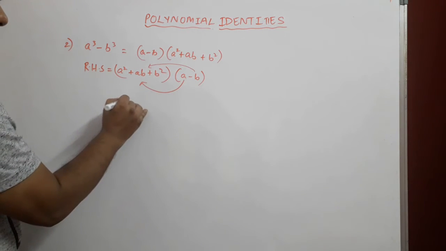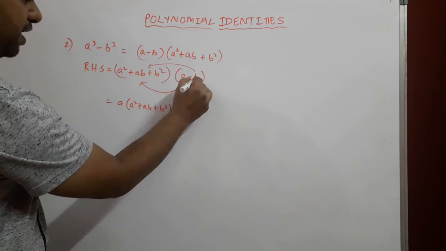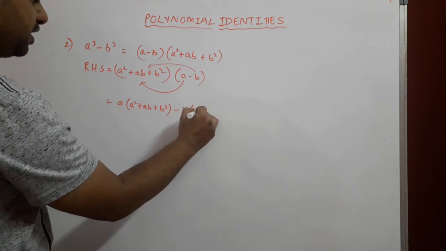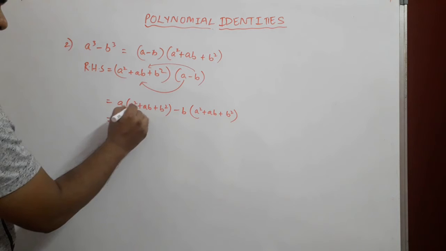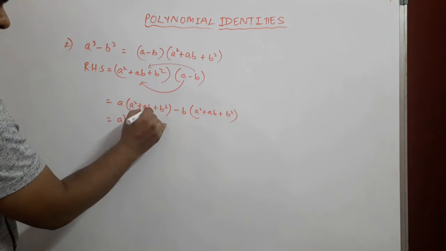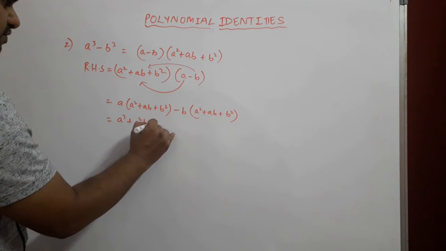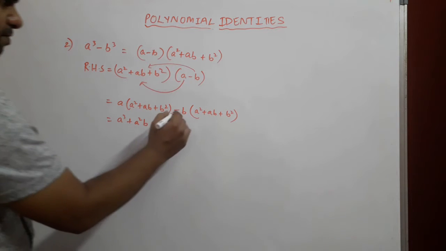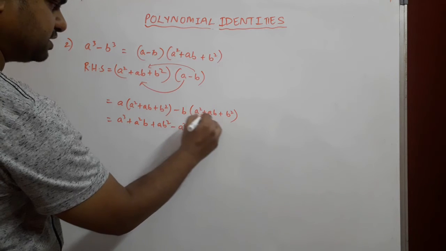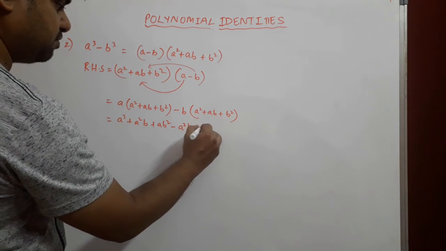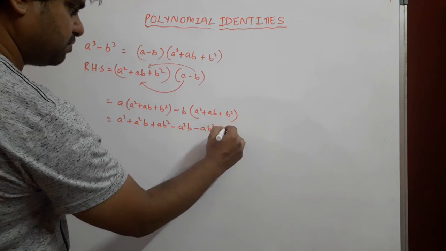We get a into a square plus ab plus b square, followed by minus b this time into a square plus ab plus b square. Now we open the bracket. A into a square gives us a cube, a into plus ab gives us plus a square b, a into plus b square gives us plus ab square, followed by minus b into a square gives us minus a square b, minus b into plus ab gives us minus ab square, and minus b into plus b square will give minus b cube.